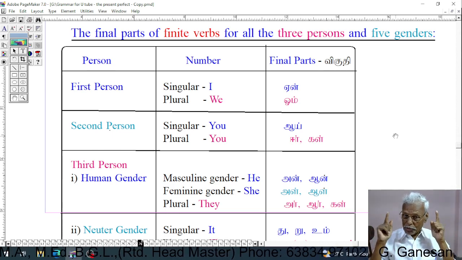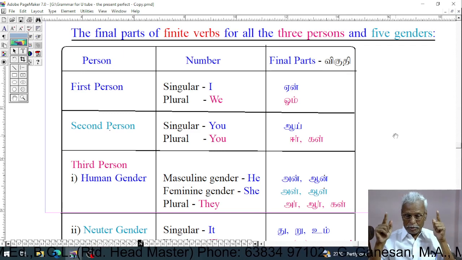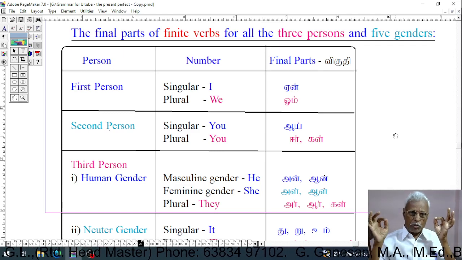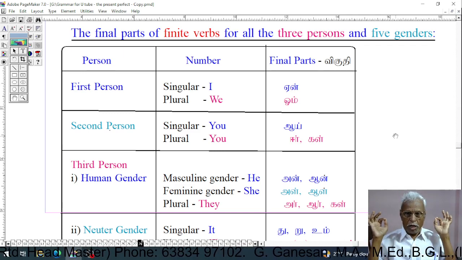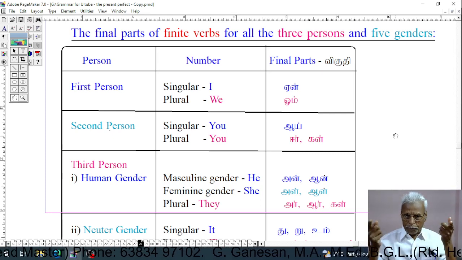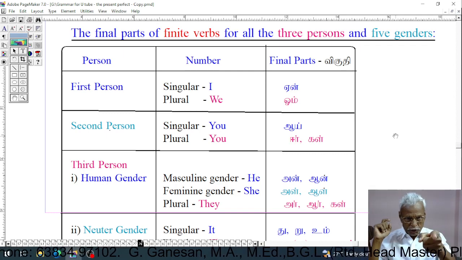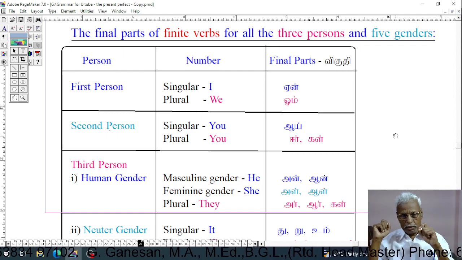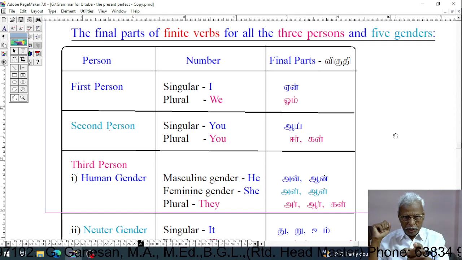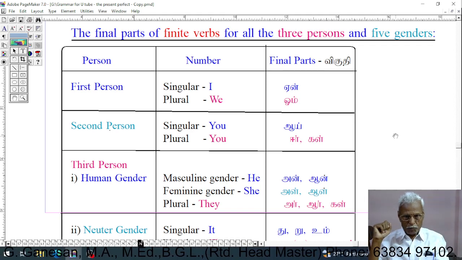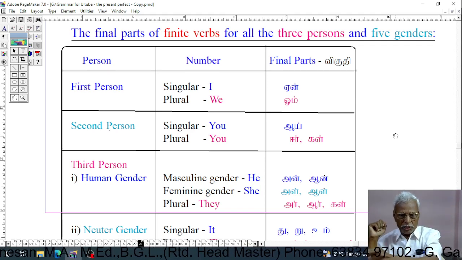So, the second person singular, the final part is ஆய். And the final part for plural is ஈர் or கள். வந்தீர் or வந்தீர்கள், வருகிறீர், வருகிறீர்கள், வருவீர், வருவீர்கள்.